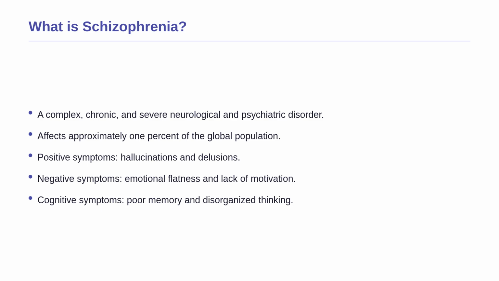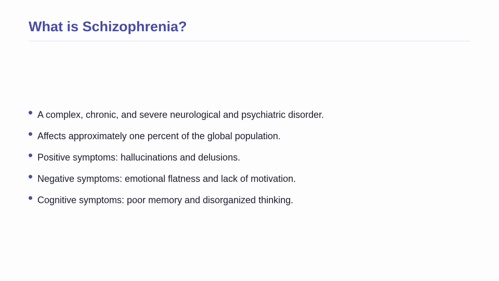Before we dive into the molecular mechanisms, let us define what we are dealing with. Schizophrenia is a complex, chronic, and severe neurological and psychiatric disorder that fundamentally alters how a person thinks, feels, and behaves. It affects approximately 1% of the global population, causing immense suffering and lifelong disability.